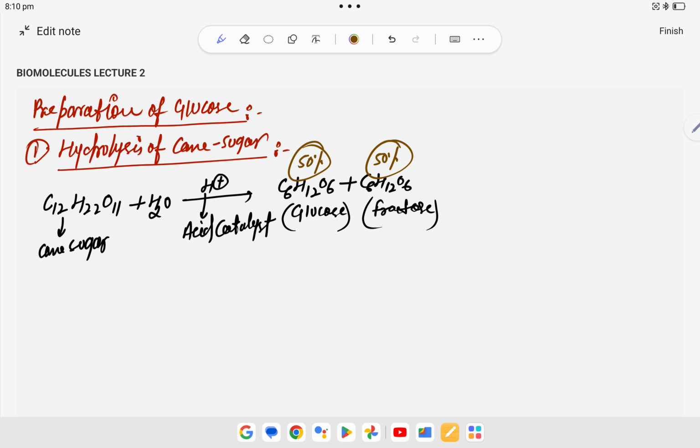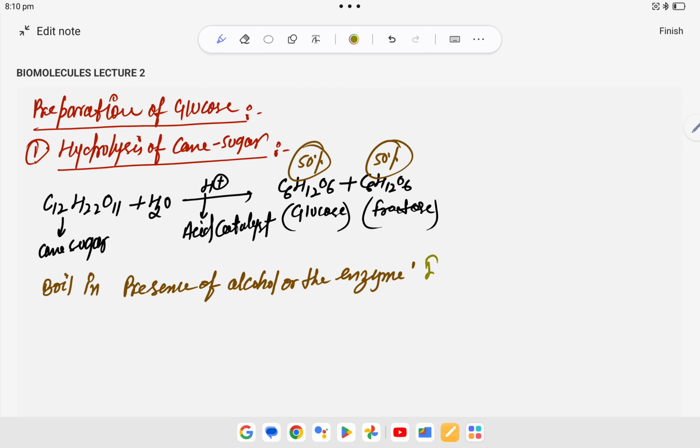Same work you can do if you are boiling cane sugar in presence of alcohol or the enzyme. Which enzyme, children?